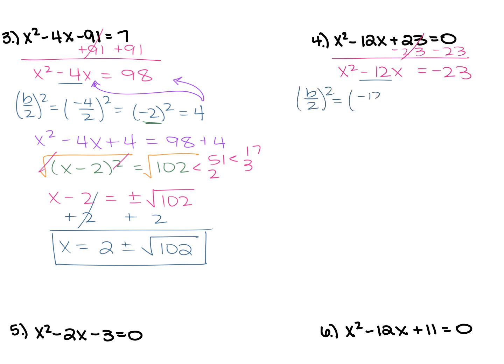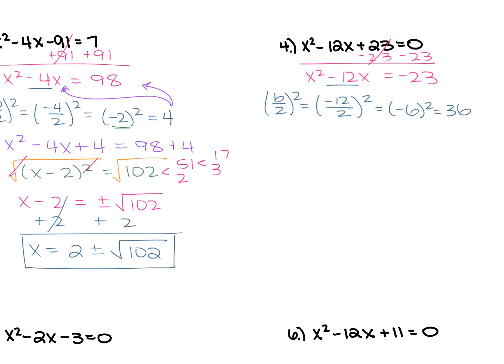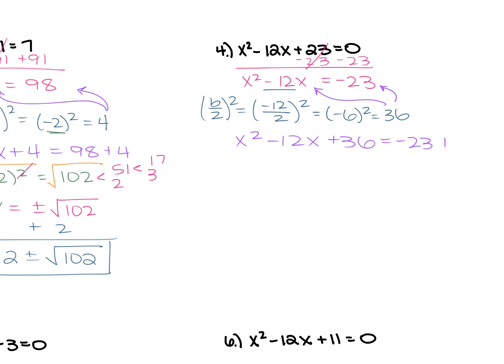That's going to give us -12 over 2 squared, which is -6 squared, which is 36. 36 is going to get added to both sides of that equation. So that's going to give us x squared minus 12x plus 36 is equal to -23 plus 36.